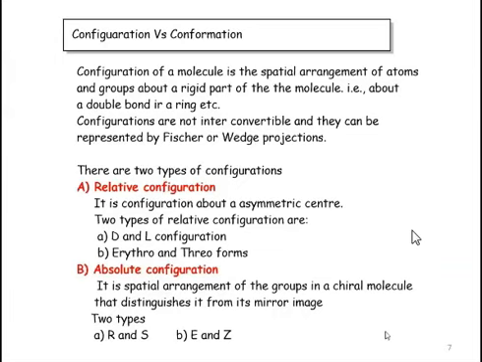Now, when we talked about this geometrical isomerism, we talked about terms like configuration and conformations. What are these configurations and conformations? First, let us understand the terms. What is the meaning of configuration, and what is the meaning of conformation?